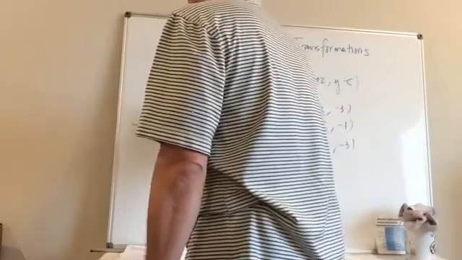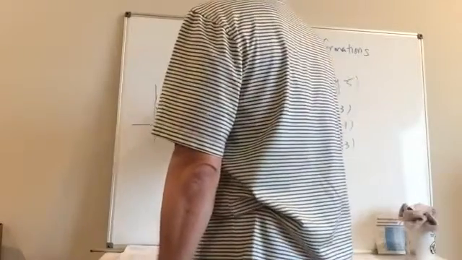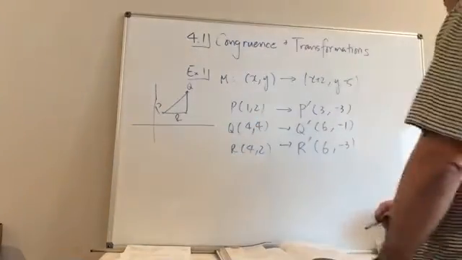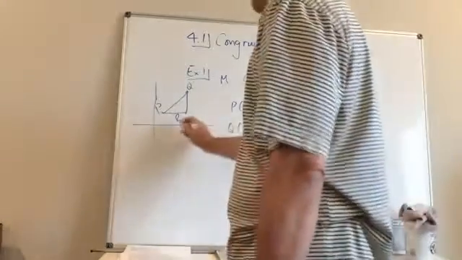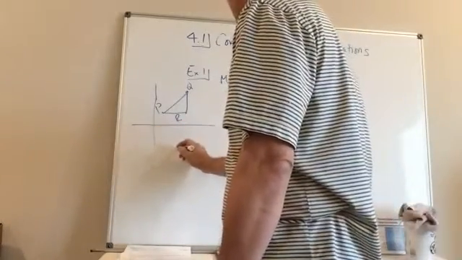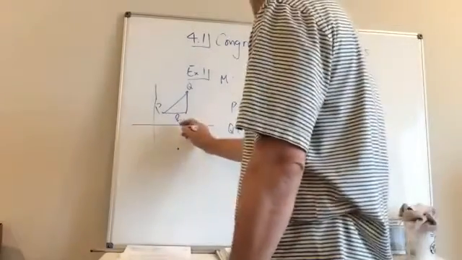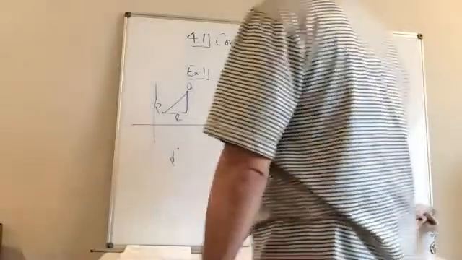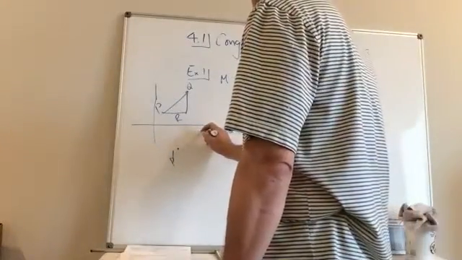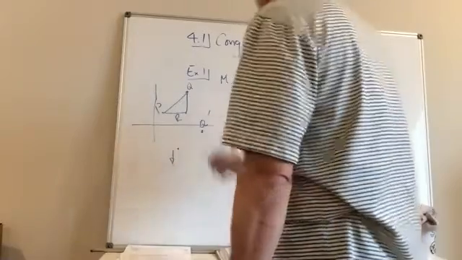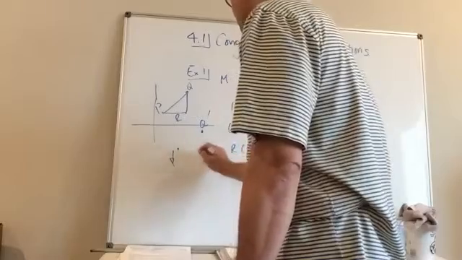Looks like I had a triangle that looks like this, where this is P, Q, and R. When I did the transformation, I had P as 3 and negative 3 now, so I have 3 and negative 3, which is down here. So this is P prime. Q prime is 6 and negative 1, so this would be Q prime. R prime is 6 and negative 3.